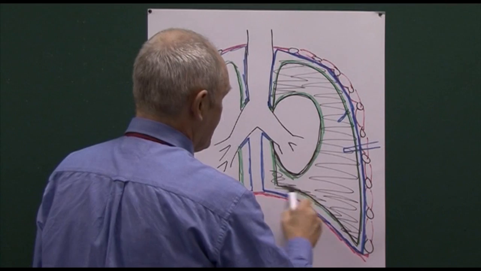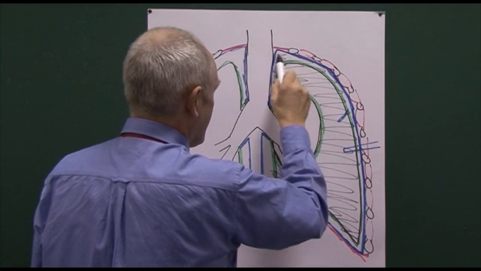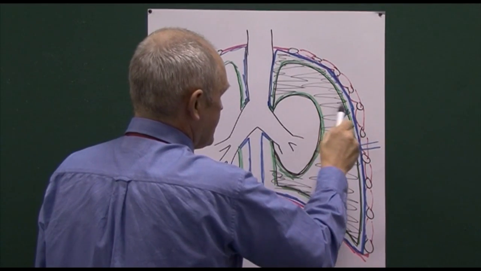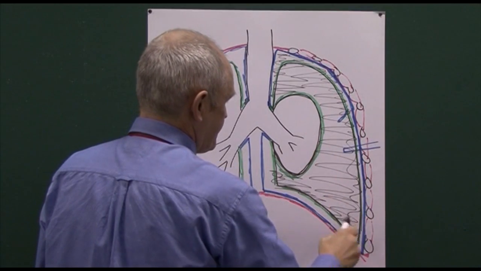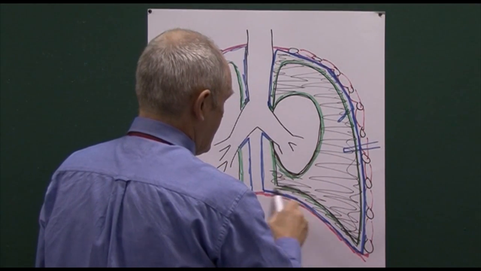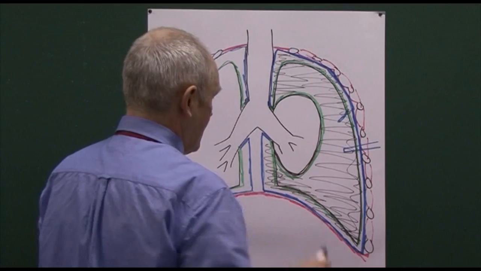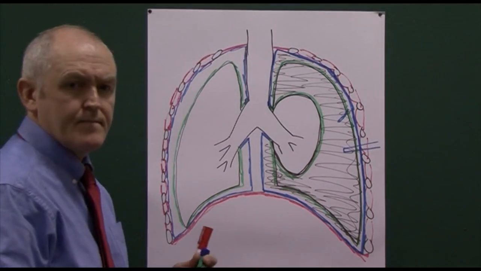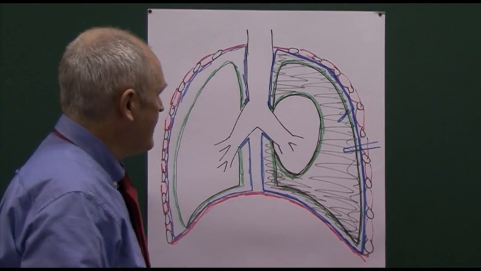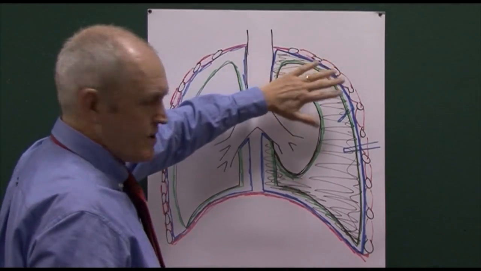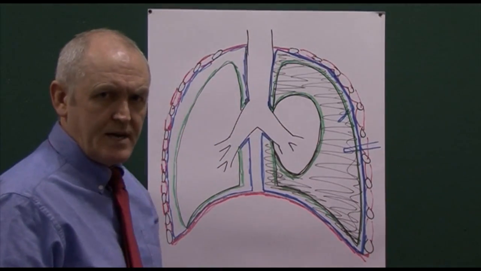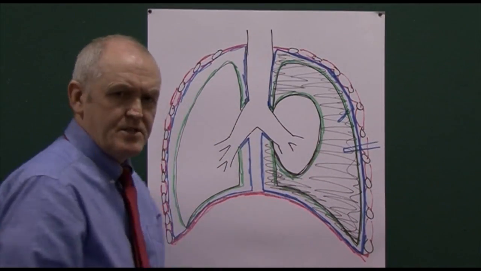There will be a pneumothorax all the way up to the parietal pleural membrane. All this will be air. And at this stage, we would call this a simple pneumothorax. Air has got into the pleural cavity.